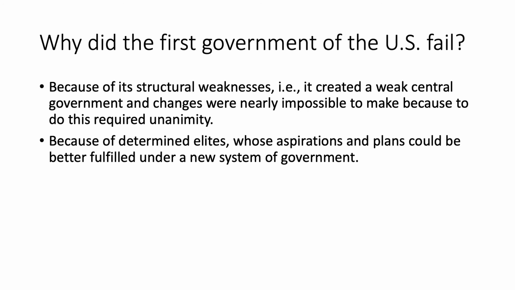So merchant elites, financial elites, they were not unified in this idea of creating a new constitution, but they tended to be on the side of this new constitution, whereas most Americans were actually okay with the Articles of Confederation because they lived in small towns and rural areas, and their local governments suited them just fine. The majority did not want the new constitution, but as generally happens in politics, the elites got their way and we got a new constitution.